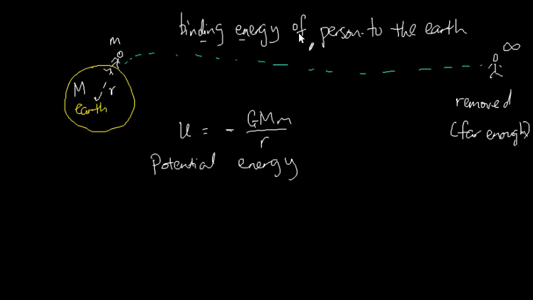Okay, but binding energy is the energy needed to remove the person from the earth. So it's opposite. The binding energy is like the opposite of the potential energy, and because of the attractive force, the potential energy has a minus sign, because the work that you need to do to bring the person from infinity to the earth is negative, in the sense that you don't have to do the work, but the work is done by the earth.